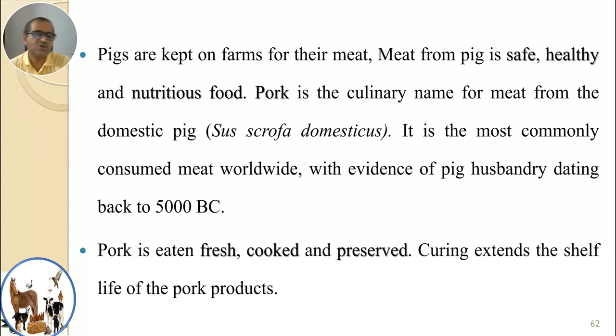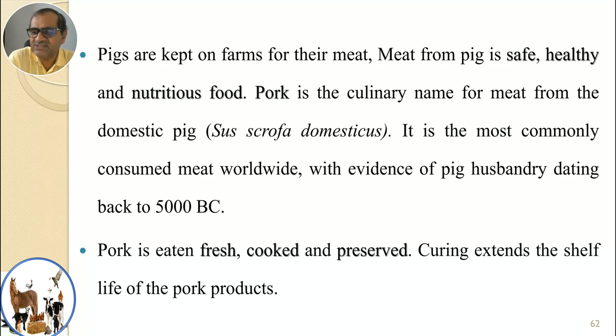It is the most commonly consumed meat worldwide, with evidence of pig husbandry dating back to 5000 BC, meaning about 7,000 years back. The pig rearing has come into the earth. And the pork is eaten very fresh, then cooked and preserved also.